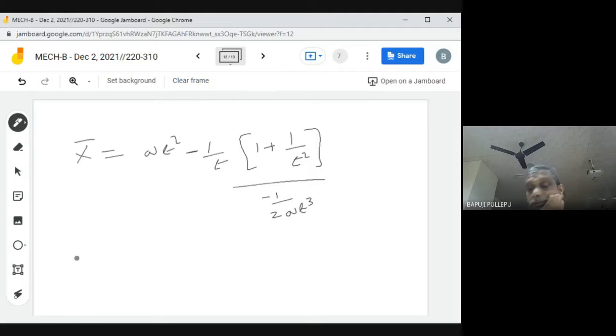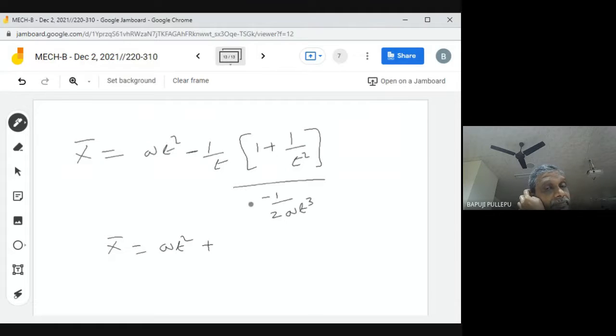Now simplify slowly. X bar is equal to a t square, this minus becomes plus. Correct? If you simplify, what is it? t square plus 1 by t square into t cube. Are you agree? This t square into t is what? T cube. Are you agree or not?